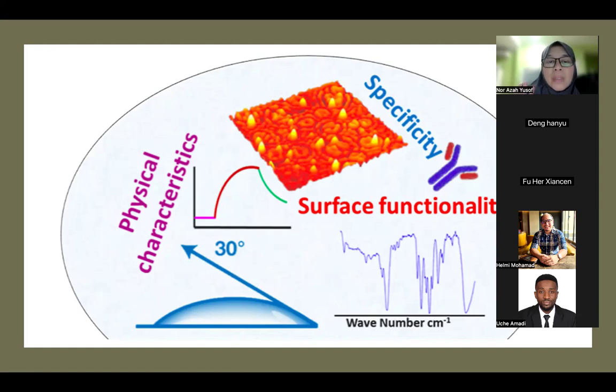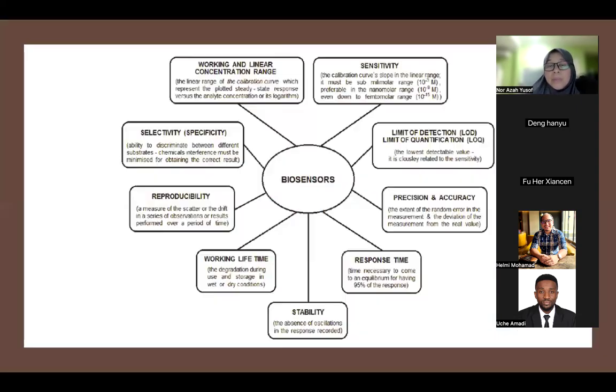So this characterization also requires you to do all this surface analysis. Like this one, it is called EFM. This is, I forgot, contact angle. Okay, this is contact angle. This is AFM. And sometimes we do FTIR to check on the surface.